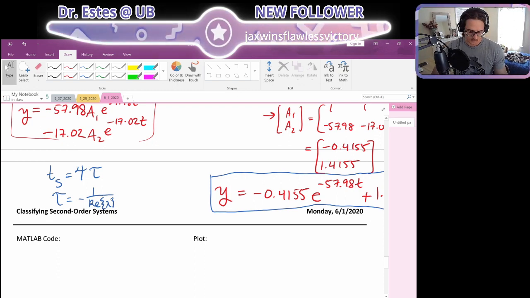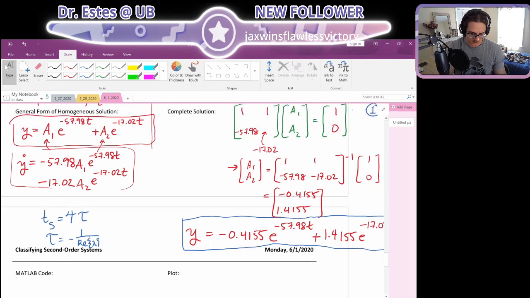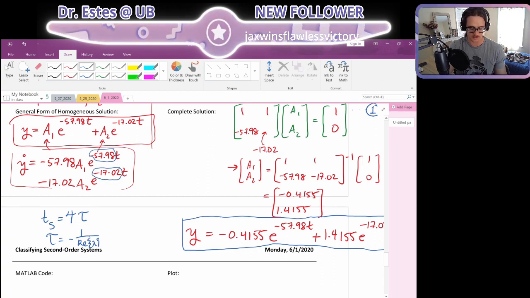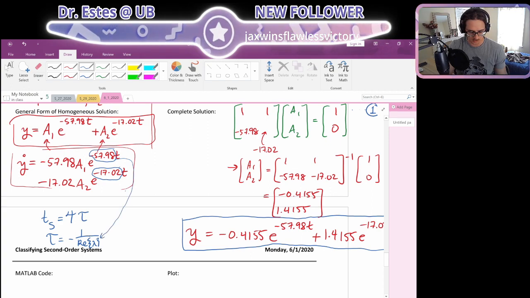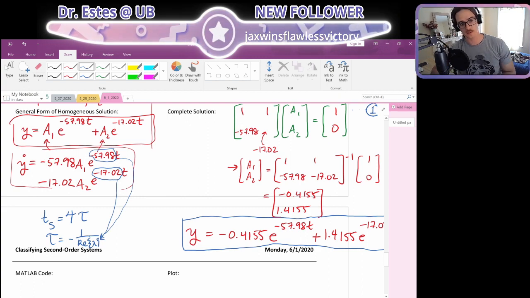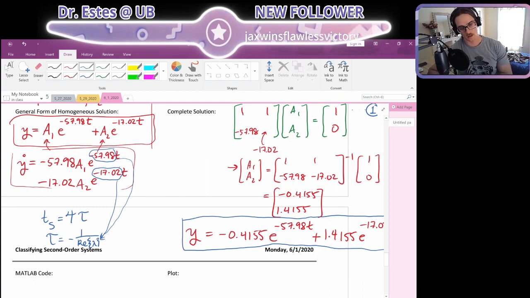But in our case, we have one root is minus 57.98. One root is minus 17.02. So the question is like, which one would I plug in here? Because I would get very different answers if I did.